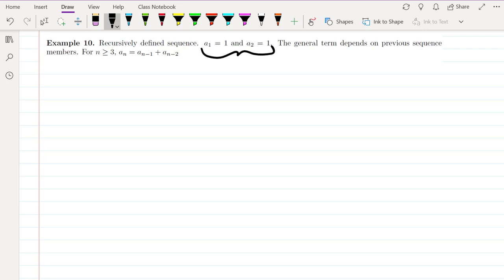And we have that our general term is defined now in terms of these sequence members. So when we write a sub n equals a sub n minus 1 plus a sub n minus 2, the first thing we want to take note of is that this n minus 1 and n minus 2, the subtraction is in the subscript.